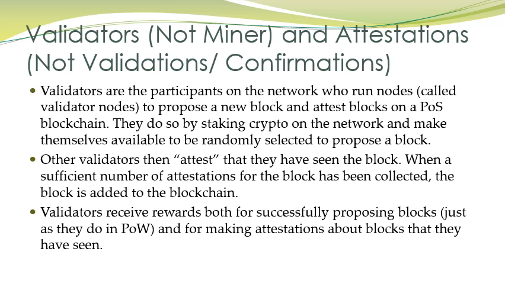So in the proof of stake algorithm, validators are the participants on the network who run nodes, and these validators propose a new block and attest blocks on a proof of stake blockchain. They do so by staking crypto on the network, by holding some currency in the network.